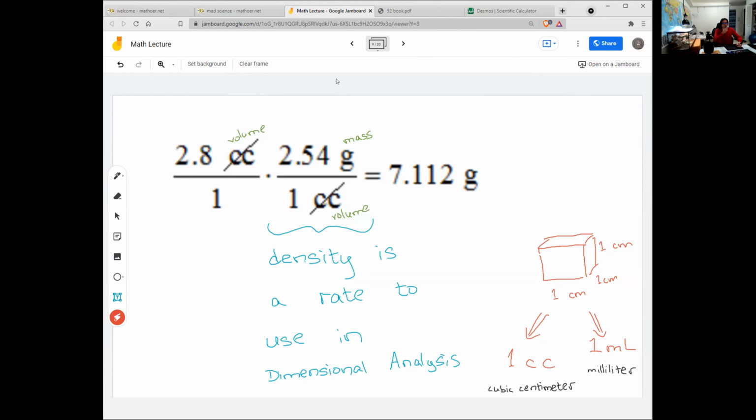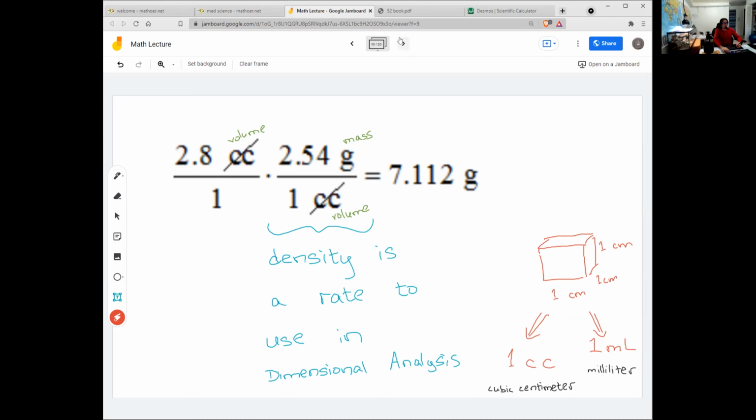Are there other things anyone can think of besides like motorcycle engines and nursing examples where people talk about cc's instead of milliliters? Okay, if you think of any, let me know.